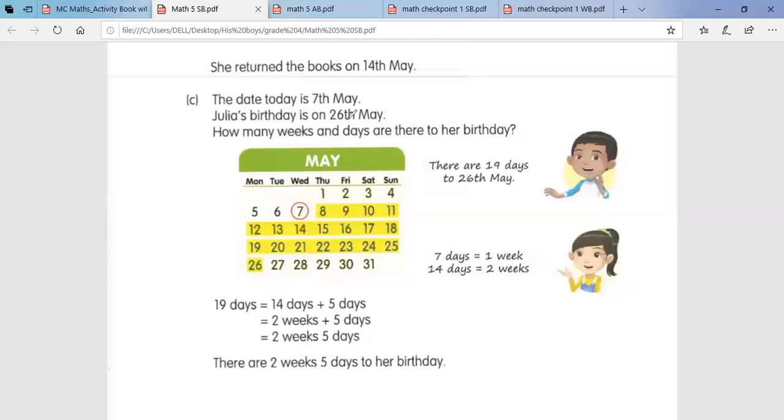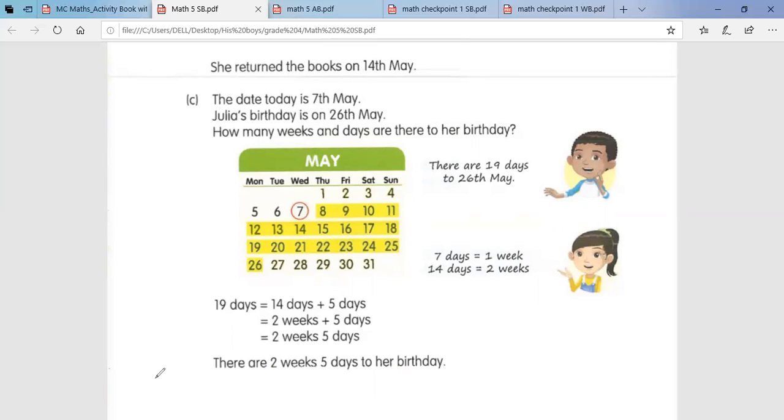Julia's birthday is on 26th May. How many weeks?